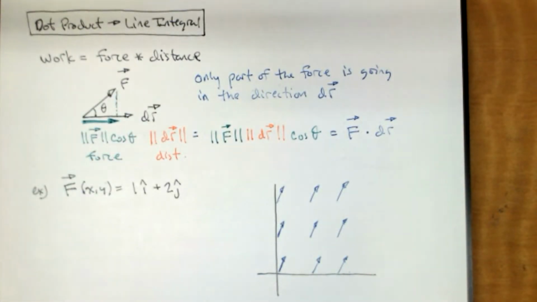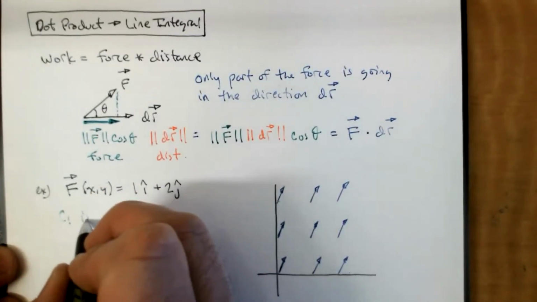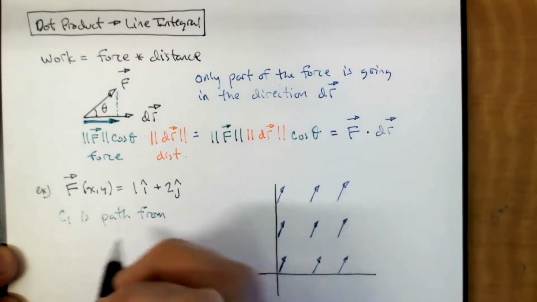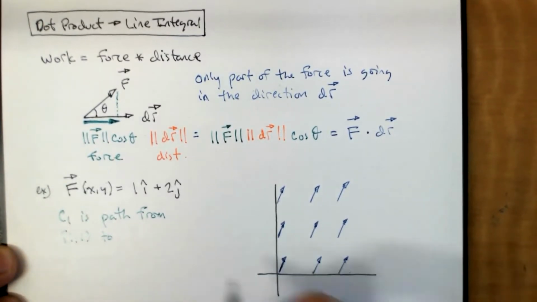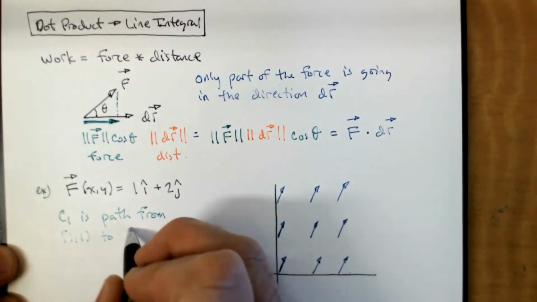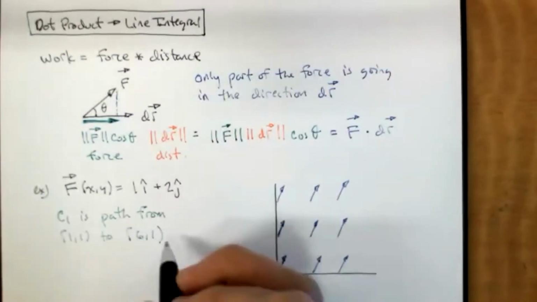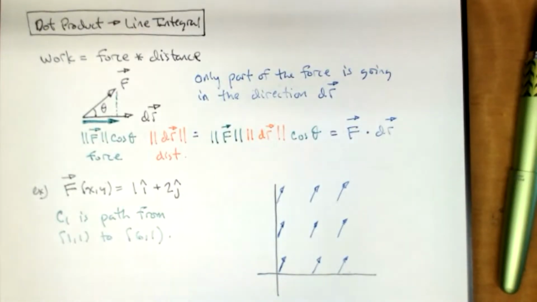Now we're going to create a path. So let's define a path. Let's say C. Let's make C1 the path from (1, 1) to (6, 1).